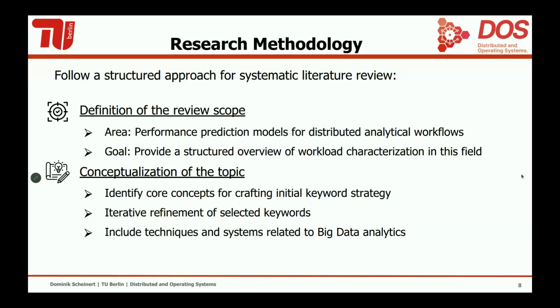In the selected keywords, we also included particular techniques like dynamic scaling, auto scaling, dynamic adjustments, but also particular systems used for big data analytics, for instance Apache Hadoop, MapReduce, Spark, Flink, these kinds of established systems, so that we have a holistic perspective on the topic.